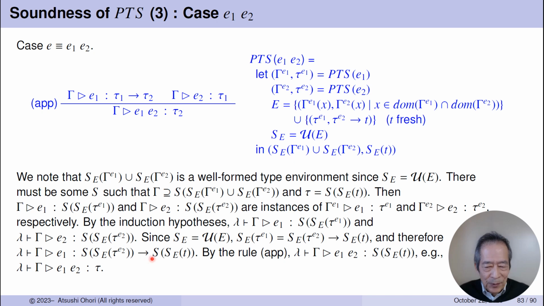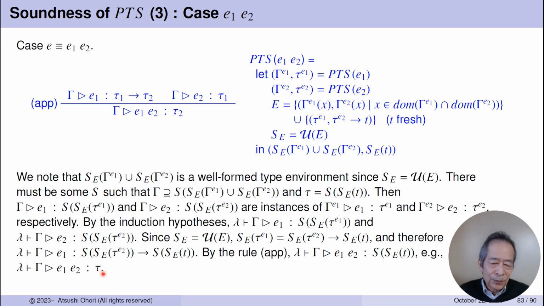So this typing is the same as this E1, or this one. So by this typing and this typing together, by the rule APP, we get this typing, but this is equal to tau, so we get this typing.